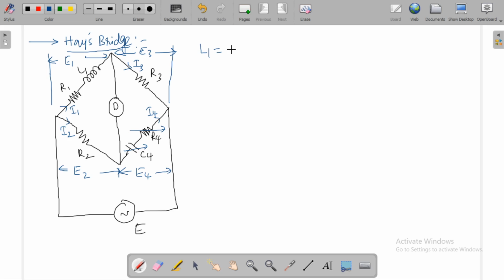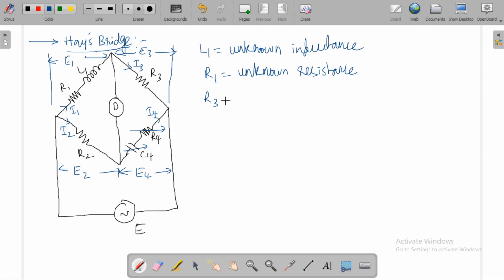So L1 is unknown inductance, R1 is unknown resistance, R3 and R2 are non-inductive known resistances.